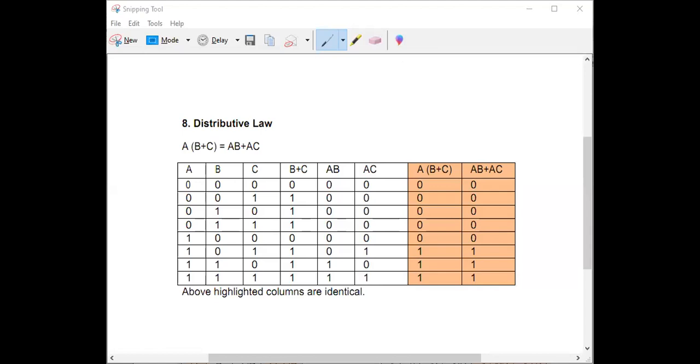Take it down also. That is the redundancy law.